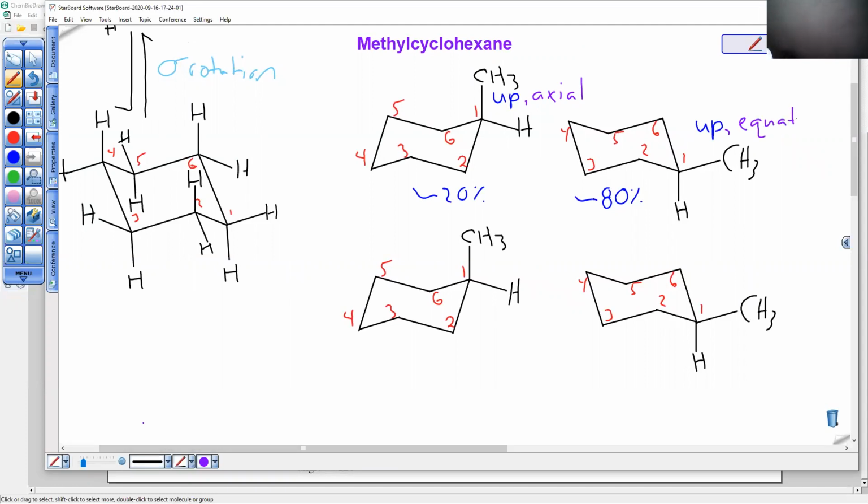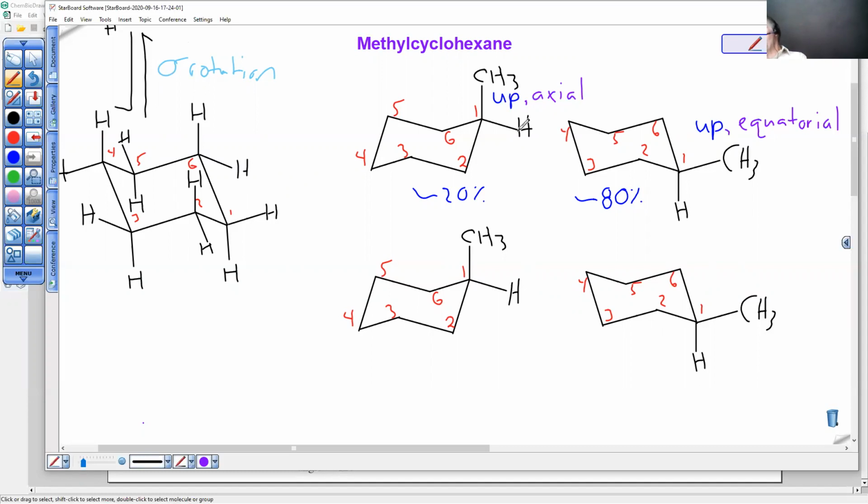So you've got to remember, something stays the same, and that is the direction of the bond. Up stayed up. And something changes: all axials become equatorials.